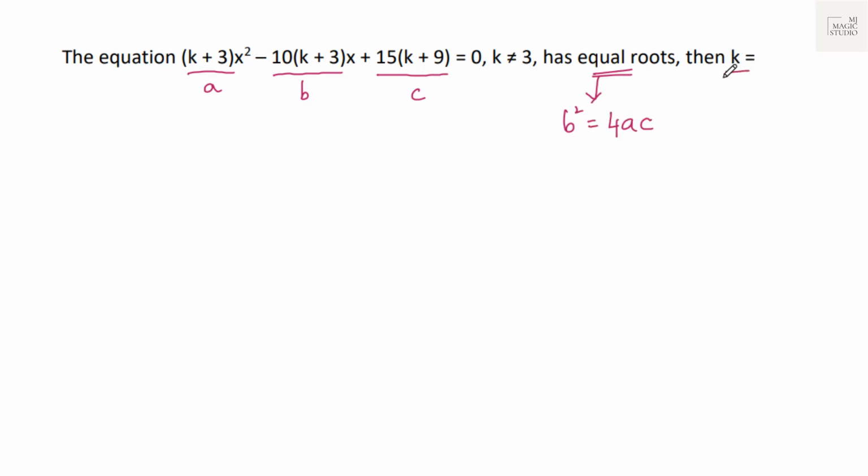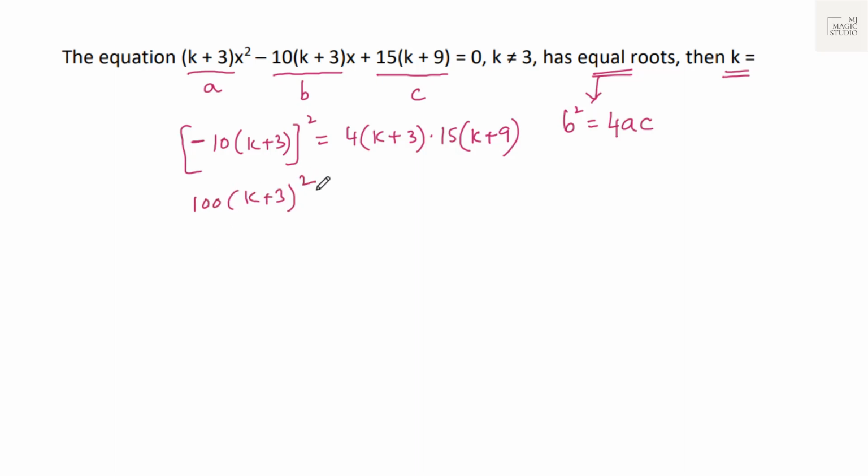Based on that, what should be the value of k? So we'll do b square: minus 10 into k plus 3 square equals 4a, k plus 3, into c, 15 into k plus 9. Okay, so what we are getting: 100 into k plus 3 whole square equals 60 into k plus 3 into k plus 9.